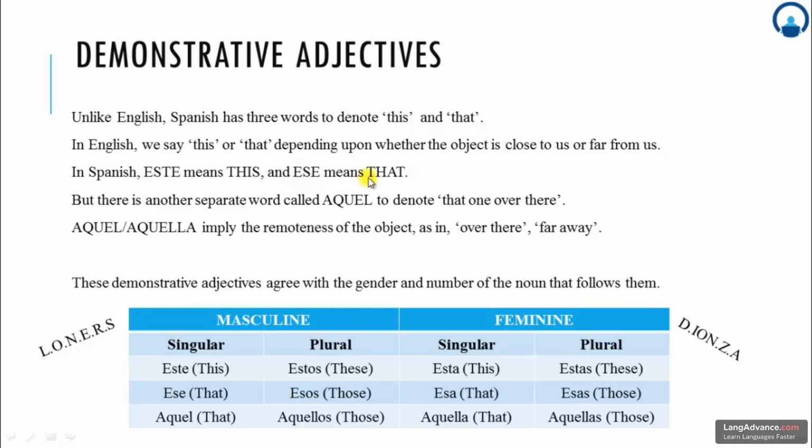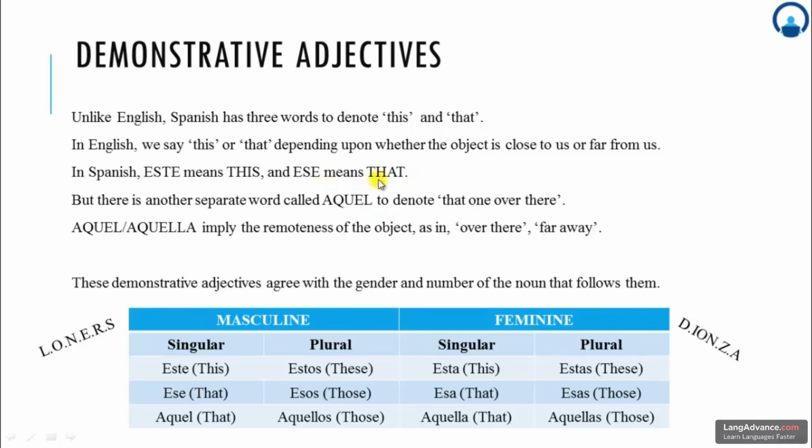But as I said, we have got three words to denote this and that. So we have got another separate word called aquel to denote that one over there. That means we have classified that into two types.